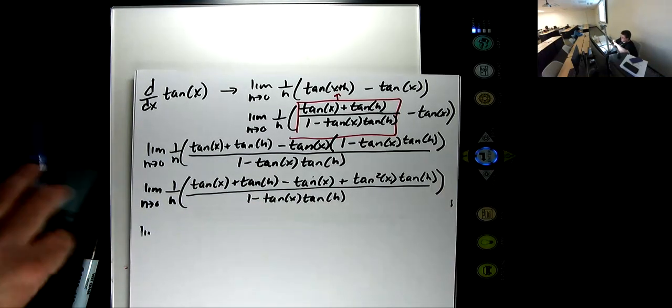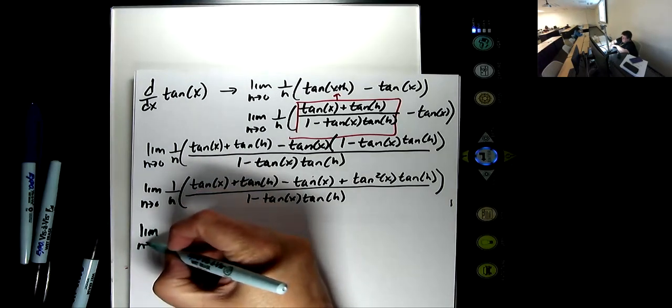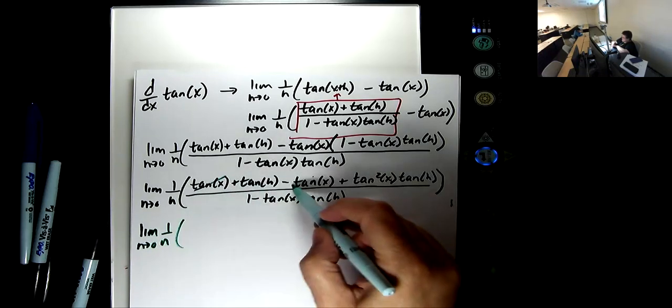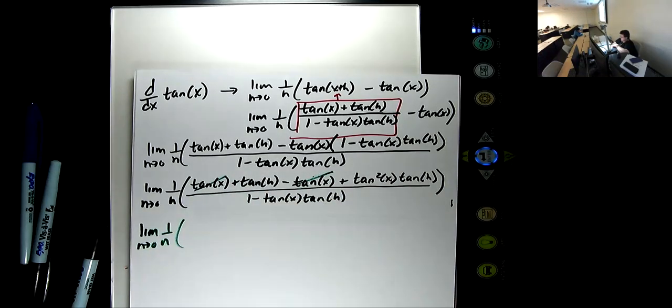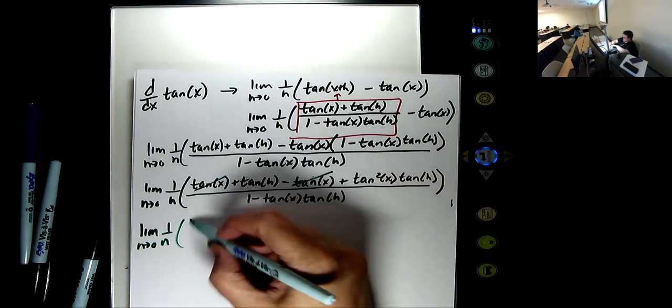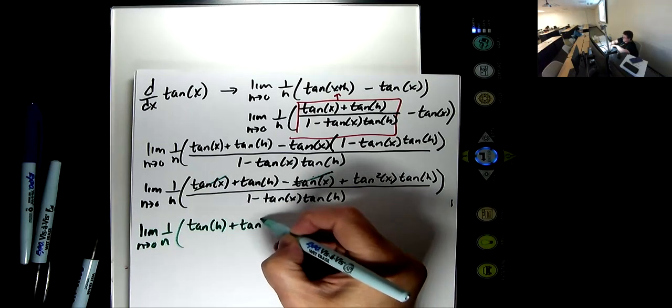Let's change colors. Tired of looking at black. Limit as h goes to 0. We've got 1 over h. Notice the tangent x and minus tangent x cancel each other. And I have a tangent h plus tangent squared x tangent h. I'm just cleaning up the top real quick to take a look at what I got.